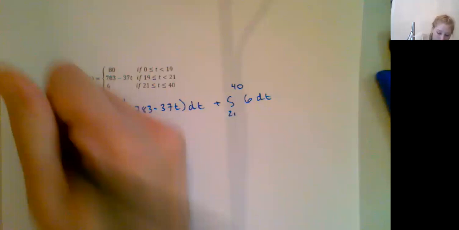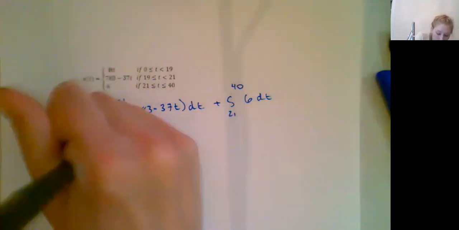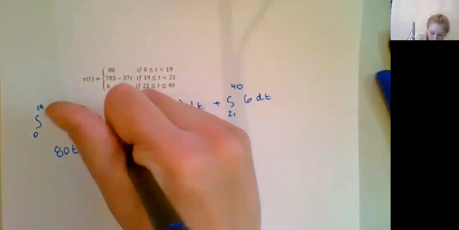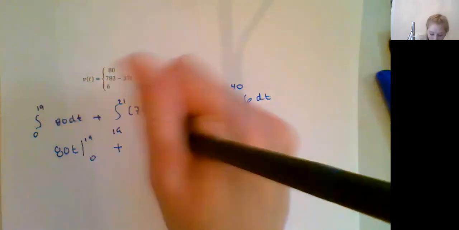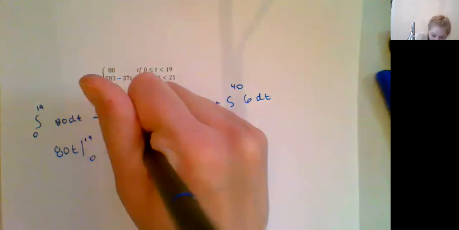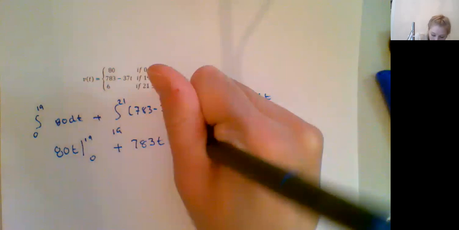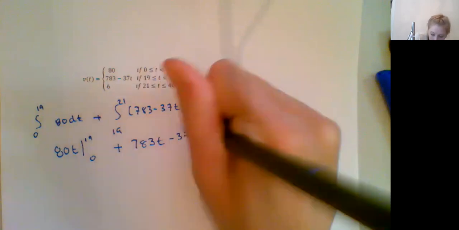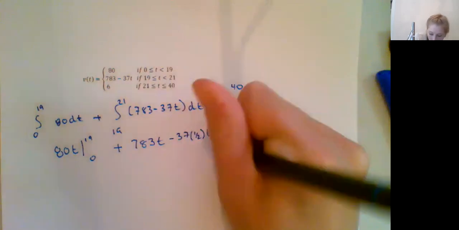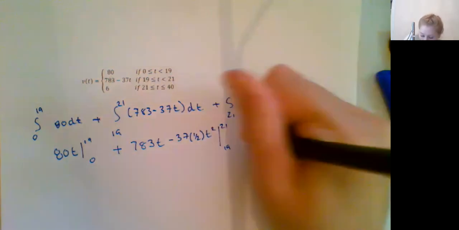So this first one is going to be 80t, and we're going to evaluate that at 19 and 0. This one is going to be 783t minus 37 times 1/2 t squared, and we're evaluating that between 21 and 19.